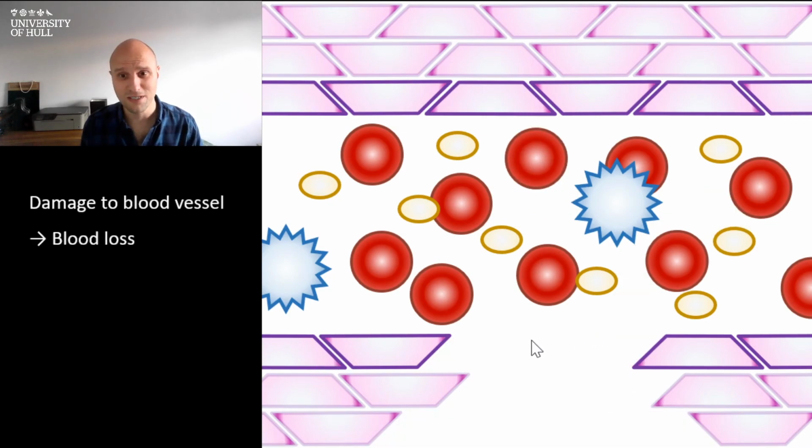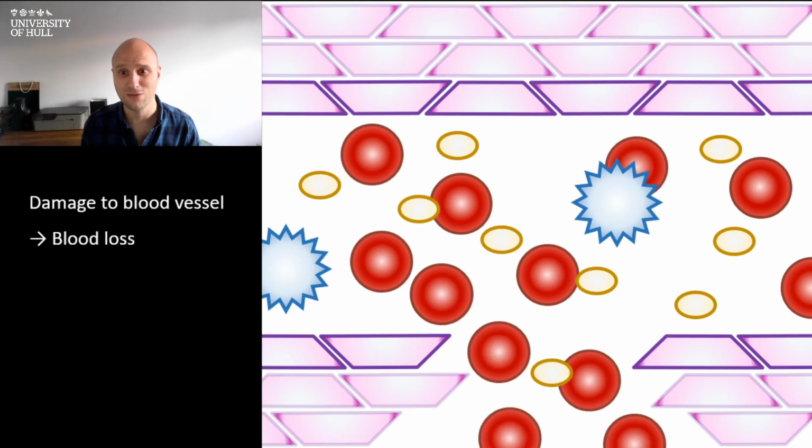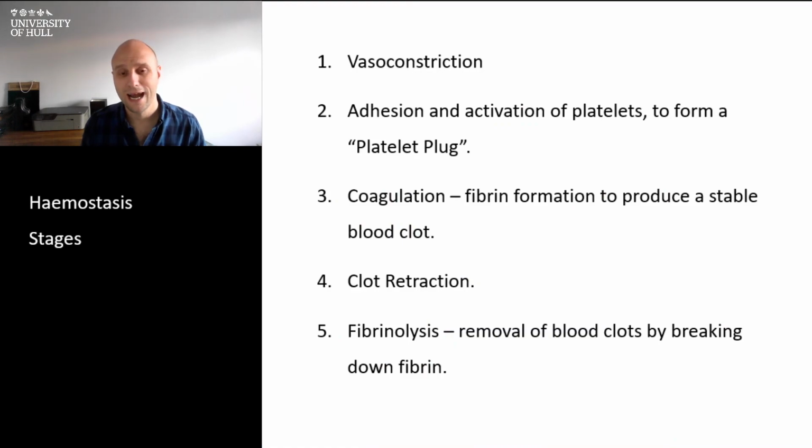And surprise, surprise, we've had an injury to our blood vessel, and blood's going to start pouring out unless we develop haemostasis and we have a clot develop to prevent that. And how that comes about, classically we teach this in 5 stages, and we'll go through each of these in more detail in the upcoming tutorials. But essentially you have vasoconstriction of the injured blood vessel.